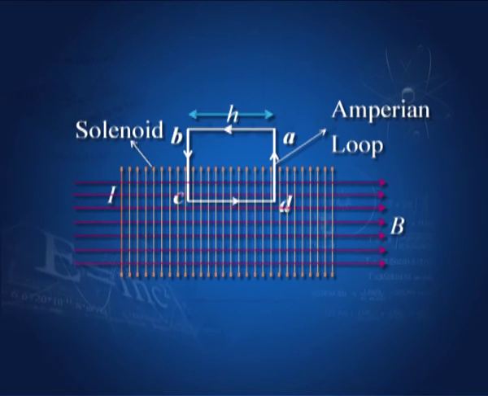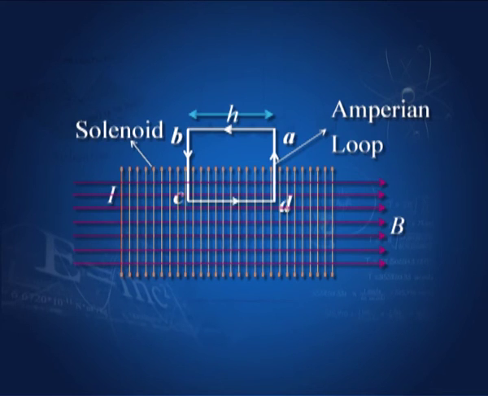It is simple. For BA the length is h, and there is no current, so the first one would be 0. For BC or CB and AD, the path is perpendicular to the magnetic field, so it makes no contribution. The only contribution comes from C to D, B dot dl, and dl in that case is simply h.